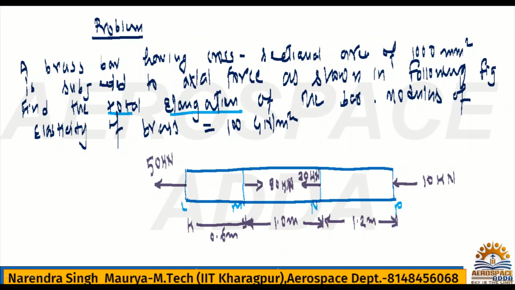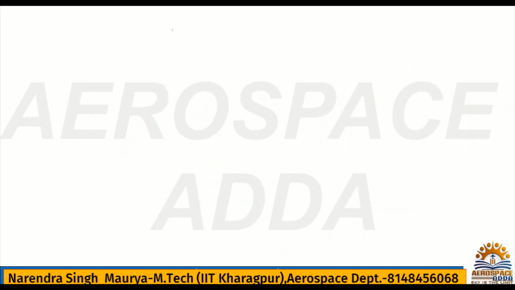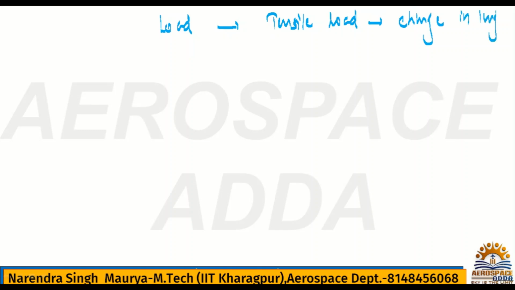Okay. One more thing, as I told you in the starting, if the load is tensile load, then change in length will be positive, meaning there will be an increment in length.